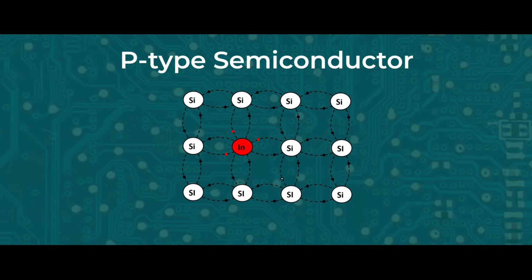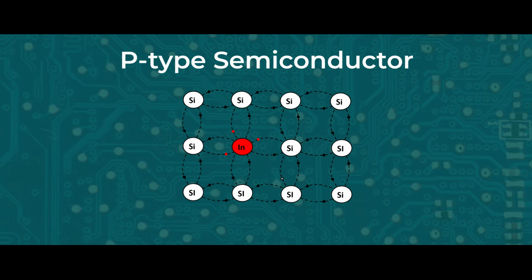And in such type of semiconductor, that is p-type semiconductor, the conduction of current now takes place due to this hole. These holes can move just like electrons. It can attract electron from the nearby atom and create hole again in the next atom. So in this way, the holes can move around just like electrons.